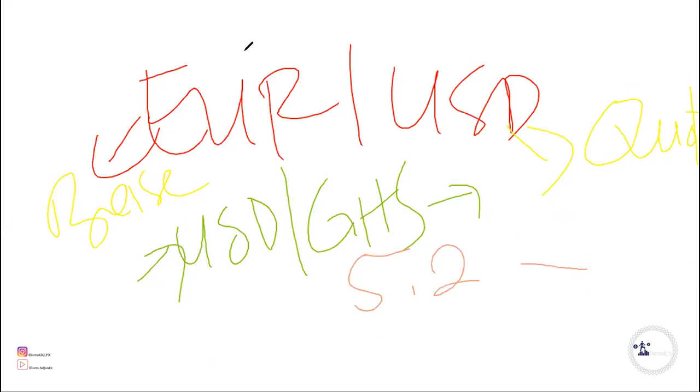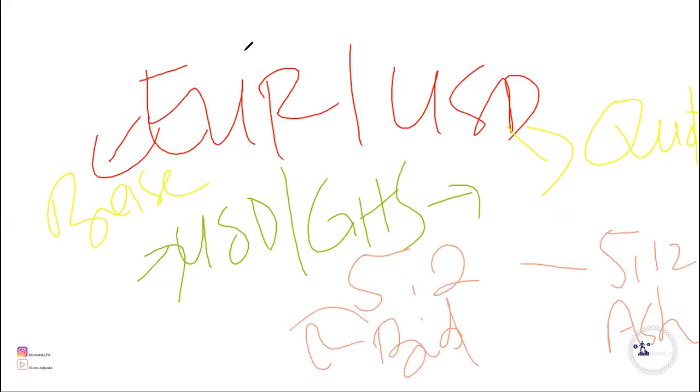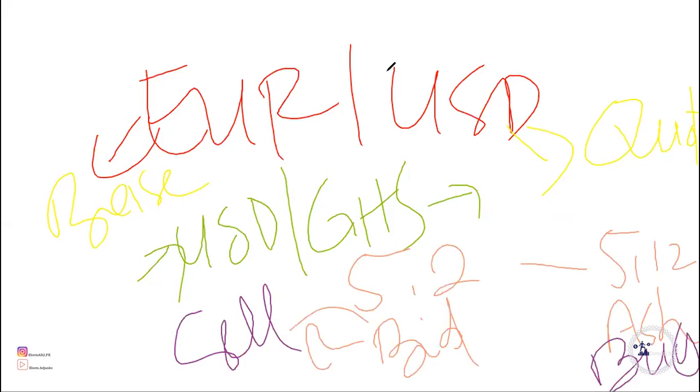This is the bid price and this is the ask price. The bid price is the selling price, and the ask is the buying price. It is the price at which the bank or the broker is willing to sell you a particular currency, either you are buying or selling.